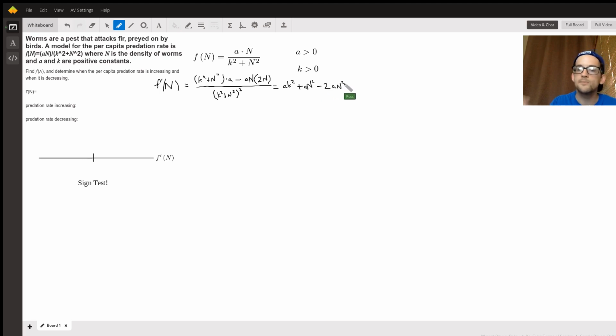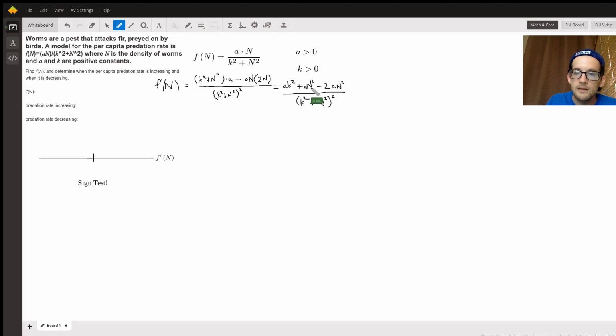When I do that, I'm always pulling constants out to the front. So in that last term, 2 and a are both constants, I pulled those out front. And then on the bottom, I'm actually going to leave this thing the exact way it is, and you'll see why in a second. I have enough practice to know that distributing is not going to help me at all. So for now, I'm just going to leave this k squared plus n squared, and then squared.